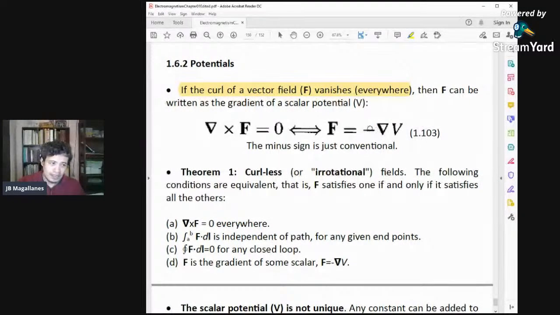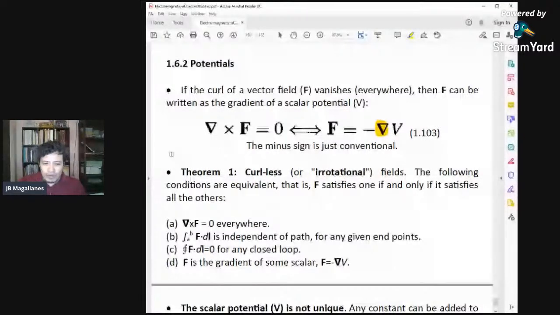You can also use a positive sign here. If you recall, in classical mechanics, the force is the derivative of the potential energy u with respect to some distance, y or x. That's the same for the electrical scenario, but in this case you are dealing with a three-dimensional derivative.